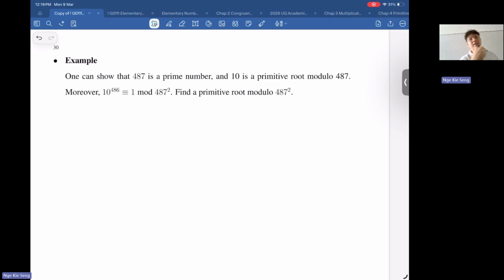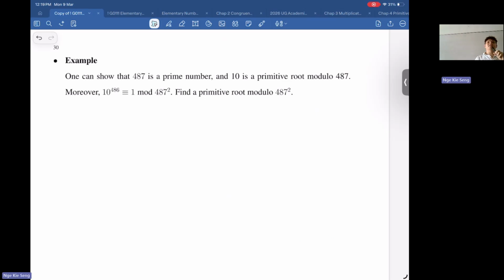And then you need to check that for all the powers that divide 486, it doesn't go to 1, so that the order is 486. But then the next statement tells you that 10 to the 486 is already 1 mod 487 squared.